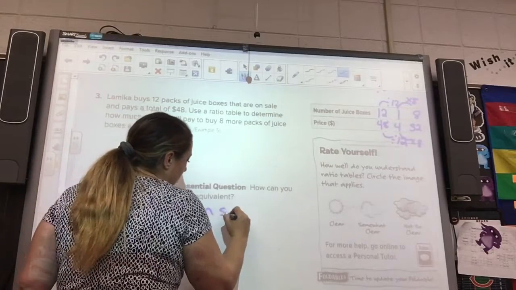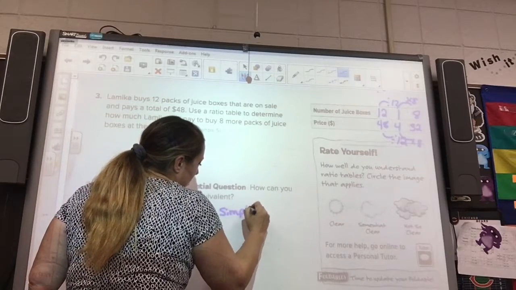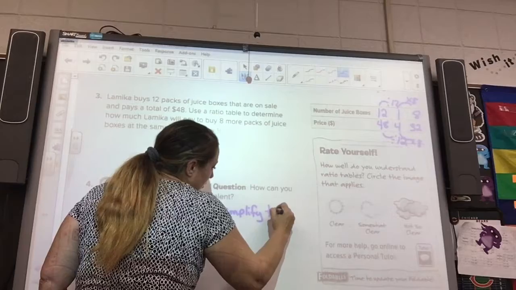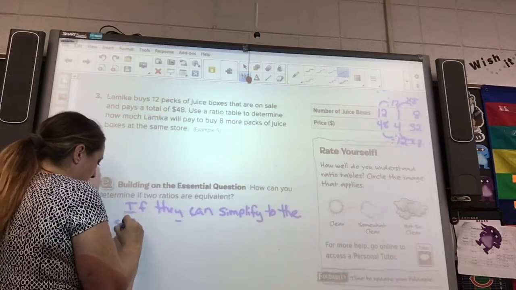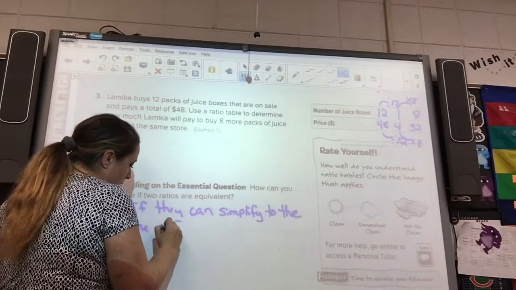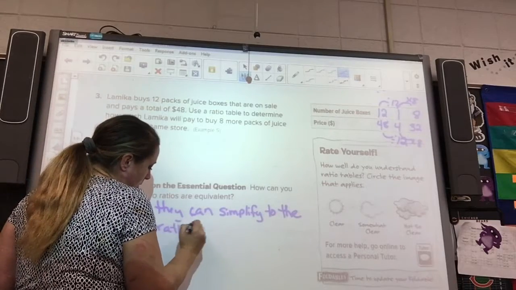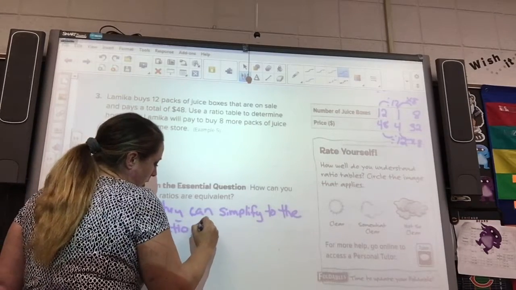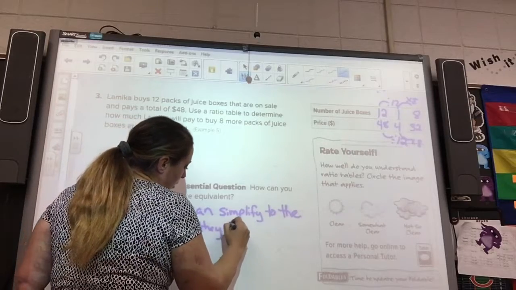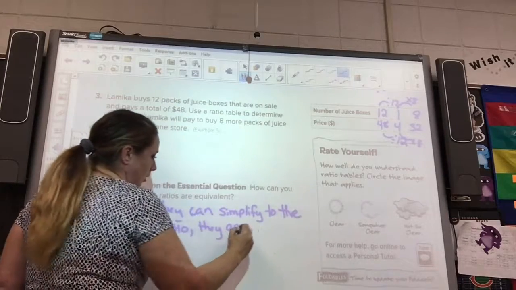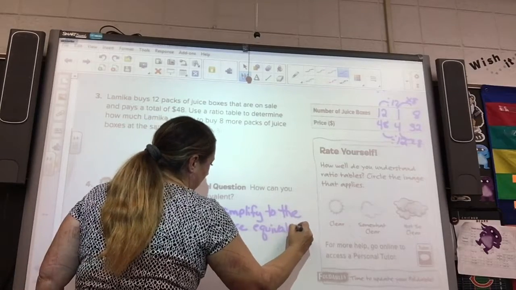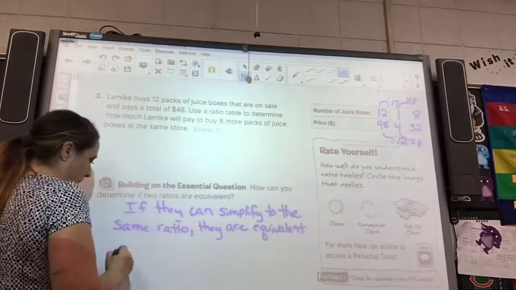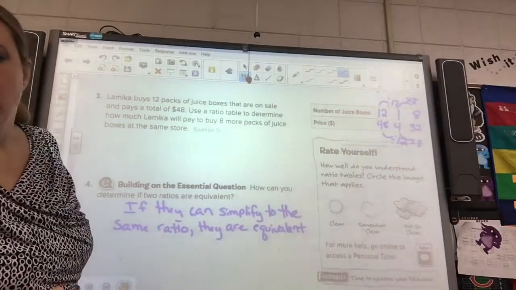So, if they can simplify to the same ratio, they are equivalent. So what example did they give us?